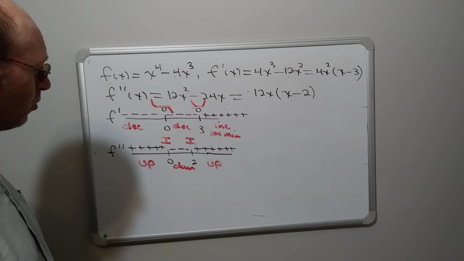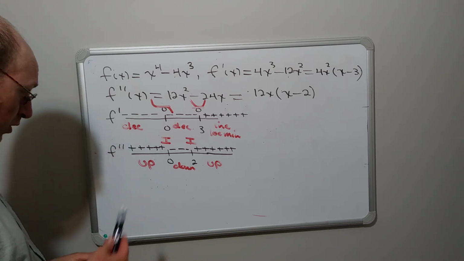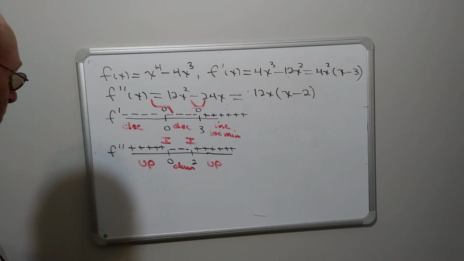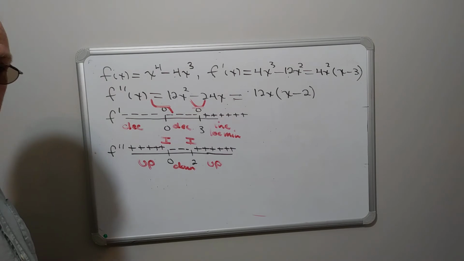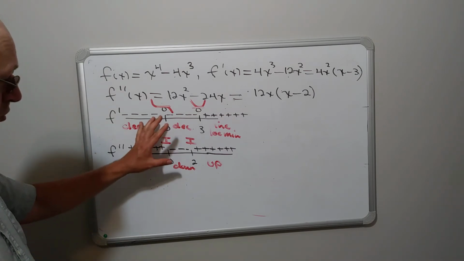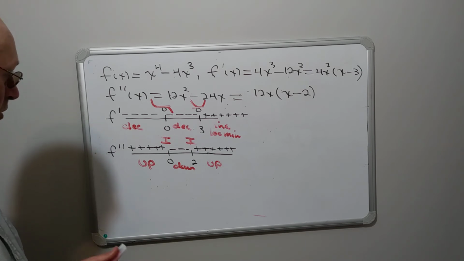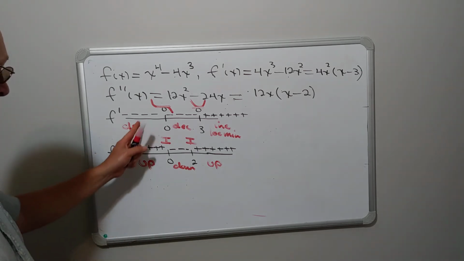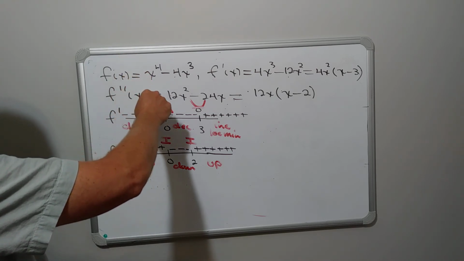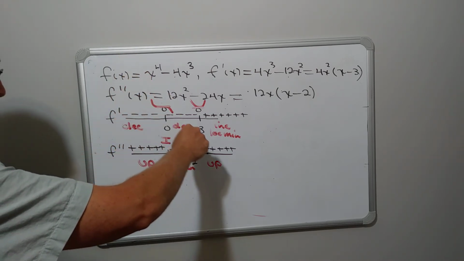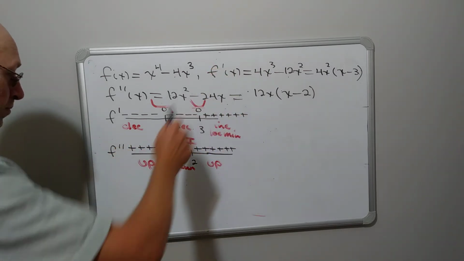Alright, now we can put it all together and try to graph. So let's see if we can come up with the graph. You might want to pause the video for a few minutes and see if you can graph the function from this information. Let's see what we have. So we're going to be coming down, decreasing, and then we're going to get to the local minimum and then increase.